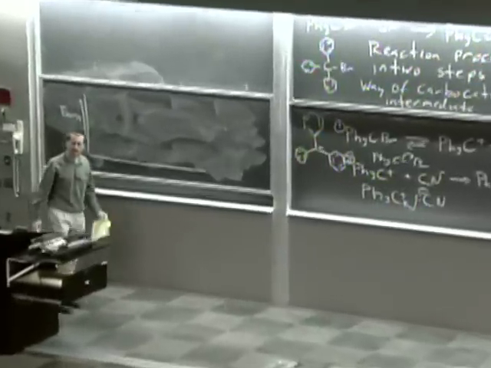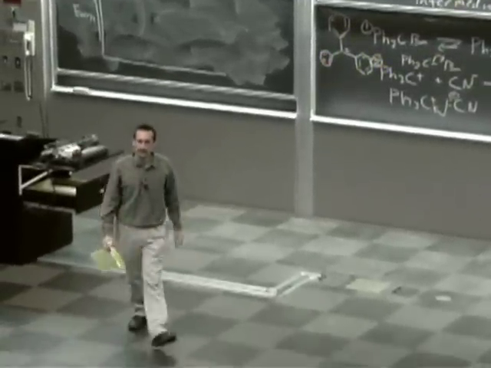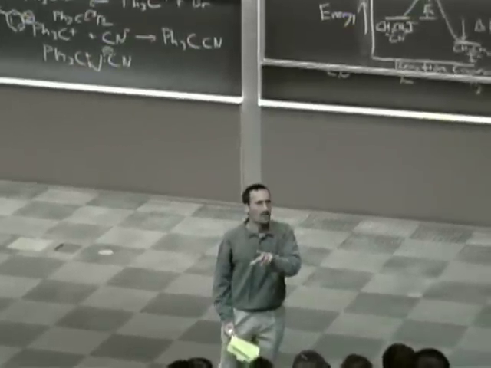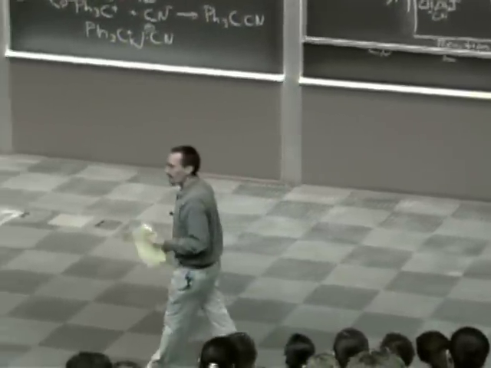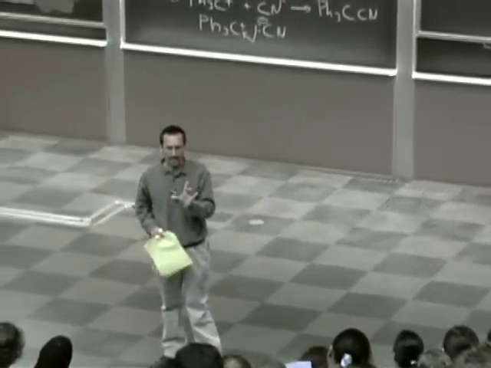Questions or thoughts? Yeah. Great question. Is there a way to tell from a reaction if it's a single step or a double step? We're going to be learning a lot about that in Chapter 8 and Chapter 7.